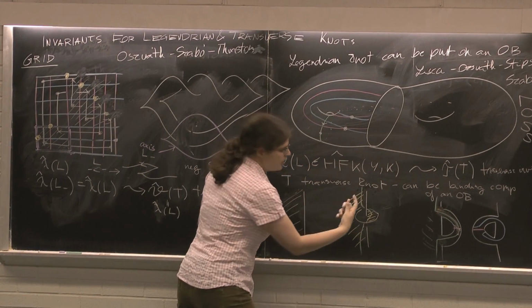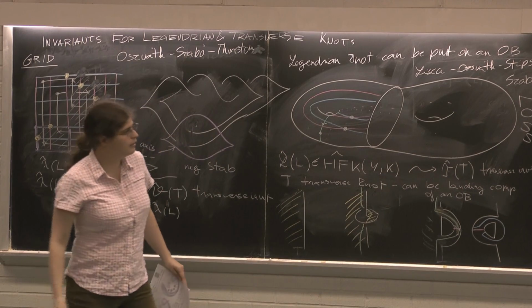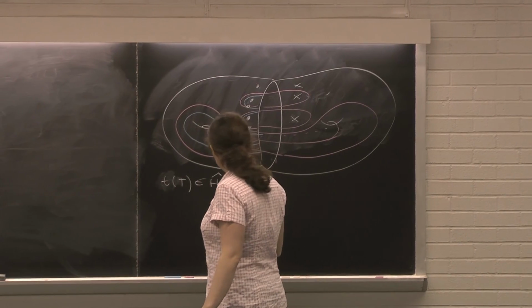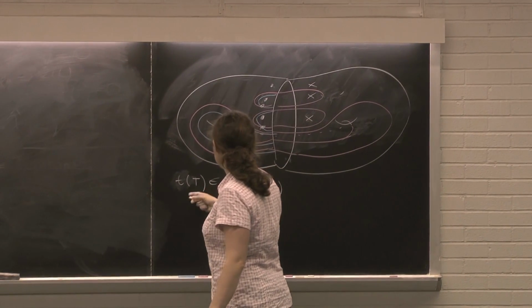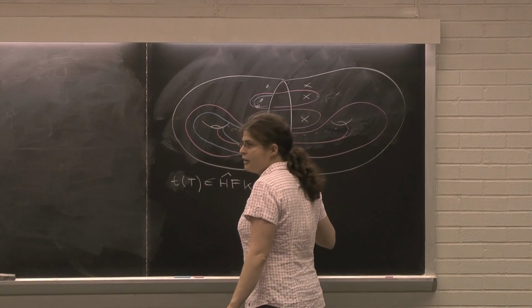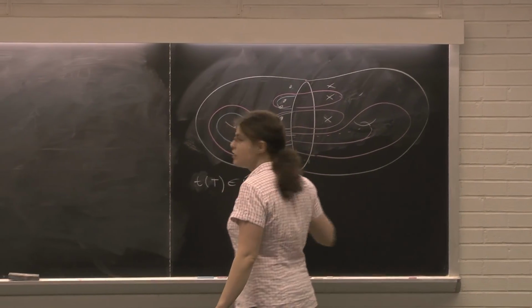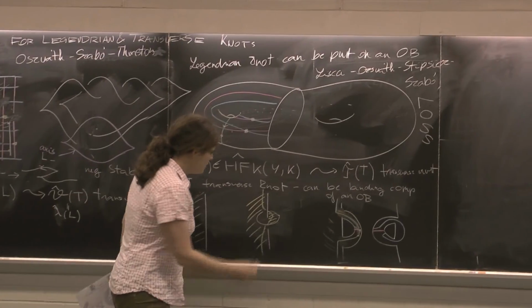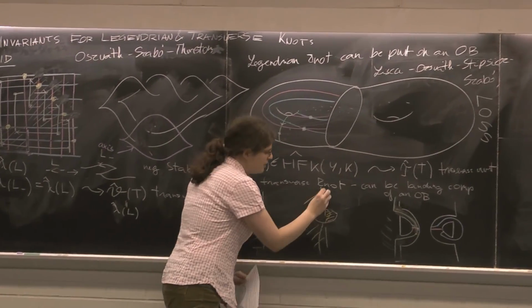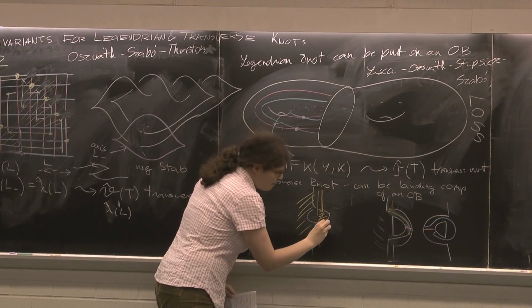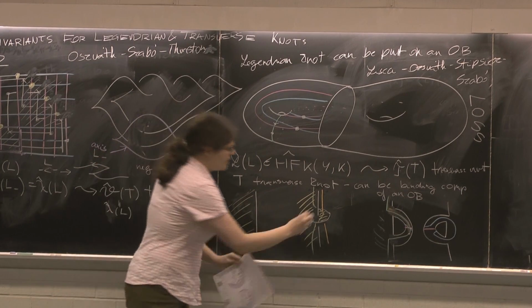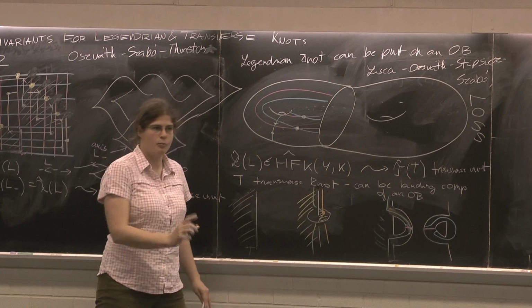If I take T and K is something. Sorry? T and K are the same. This is a transverse representative of this guy. So they are smoothly the same. So if I take a copy of this thing, then you can see that it intersects my page in exactly one point.